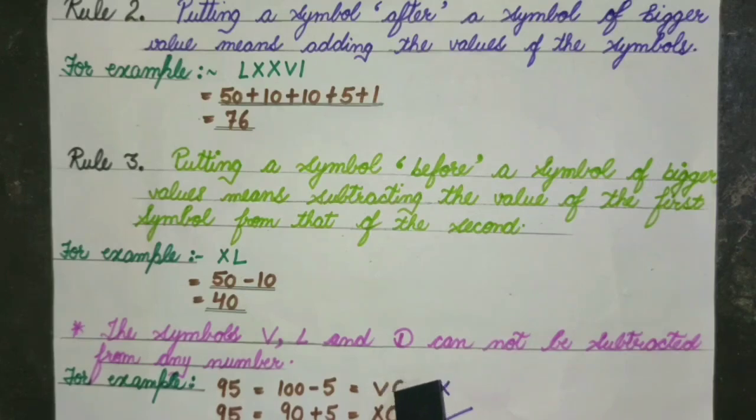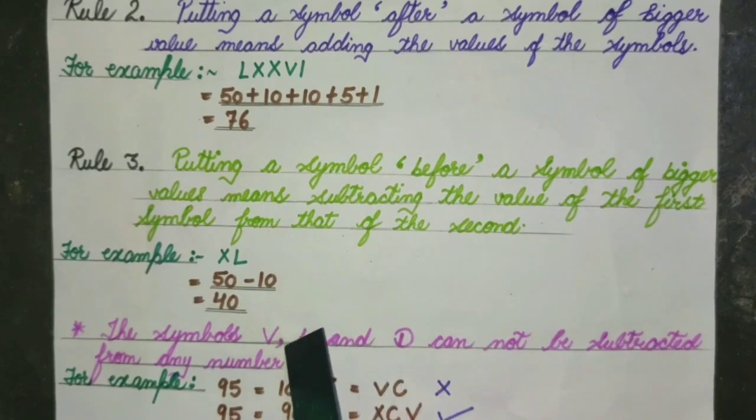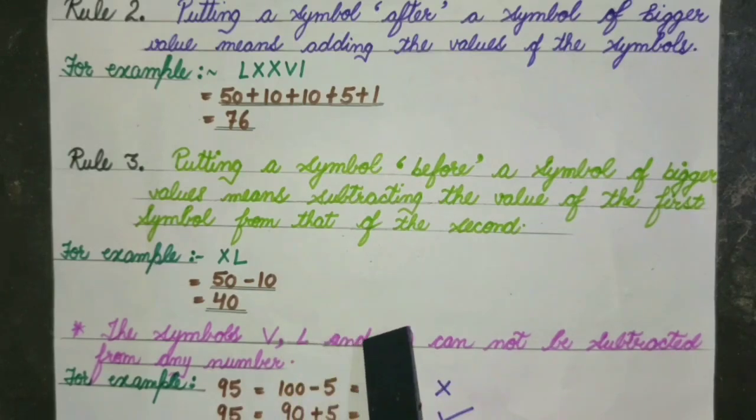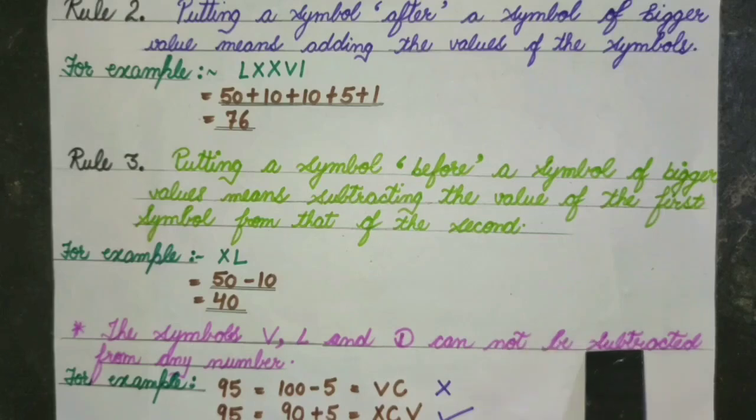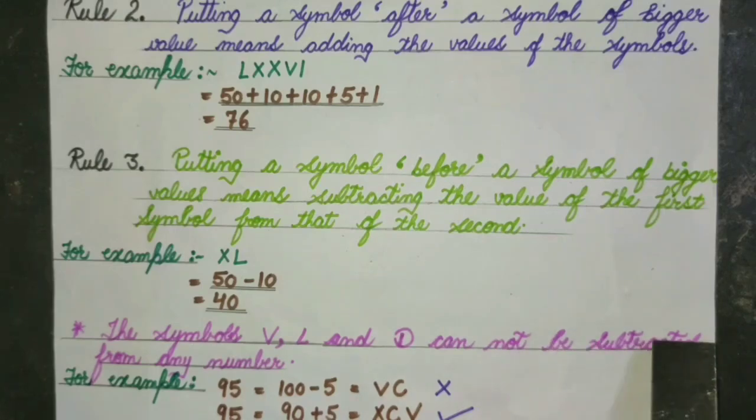If we use V before C, it means we should subtract it from C. 5 should be subtracted from 100. The answer will be 95. No, it is absolutely wrong. You have to remember V, L and D cannot be subtracted. Clear?